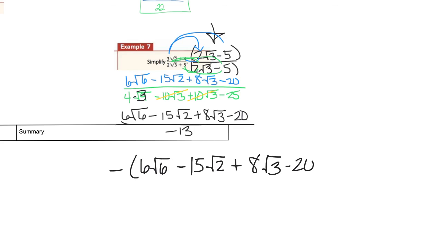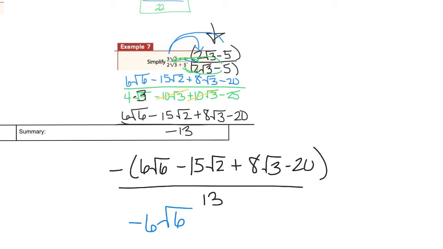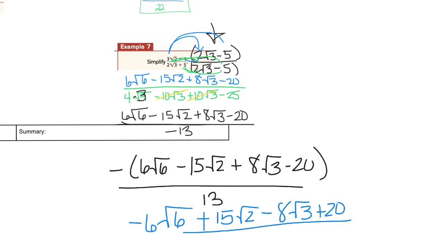I'll show you what that would look like. We would just distribute it, because remember, negatives can float around. And so our final answer would be negative 6 square roots of 6 plus 15 square roots of 2 minus 8 square roots of 3 plus 20 all over 13. It's a yucky answer, but it's the right answer.